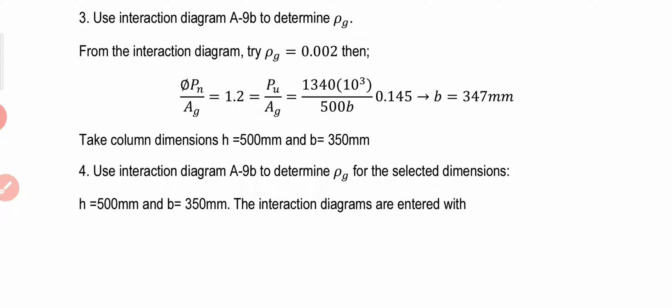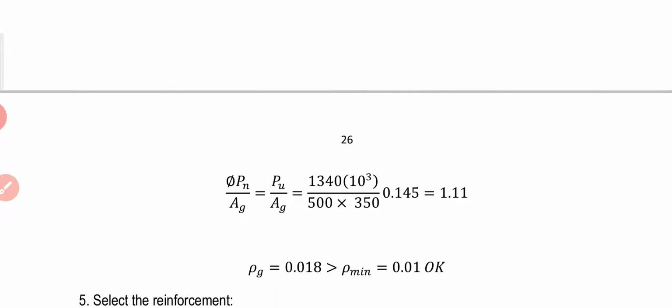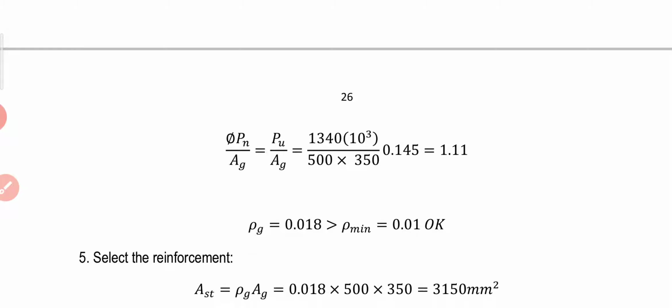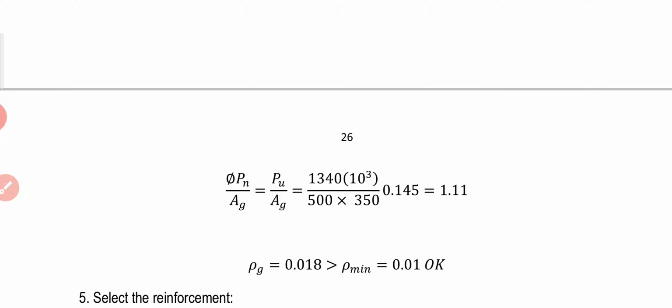Use interaction diagram and determine Pg for the selected dimensions. For these values, B equal to 350 mm and H equal to 500 mm, we can find Pg value. So phi Pn upon Ag, which is Pu upon Ag.